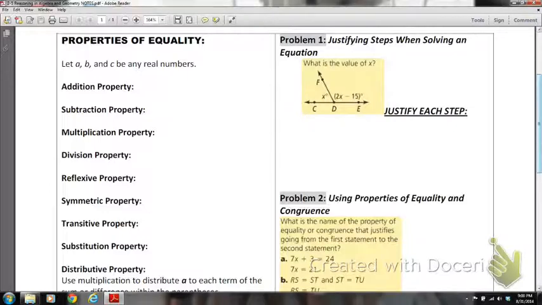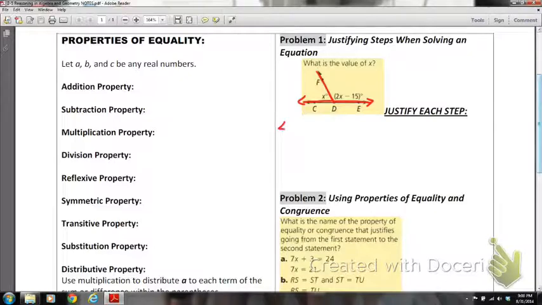They're adjacent angles because they share a common side, share a common vertex, and they don't share any common interior points. The exterior sides of these angles, ray DC and ray DE, form a straight line. So that means those two angles are linear pairs, just by definition of a linear pair.